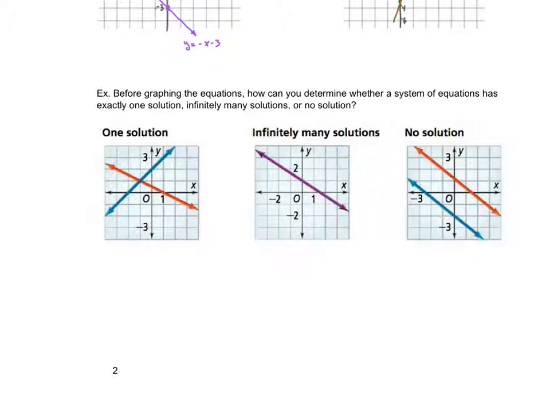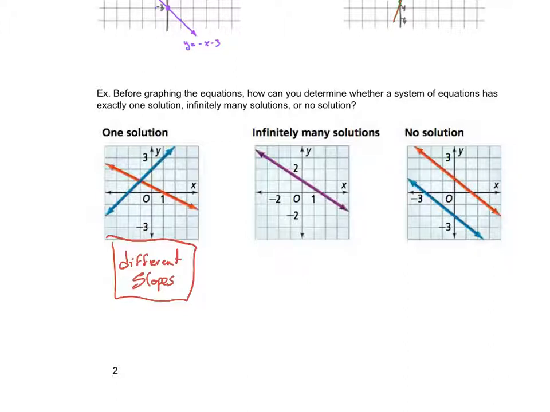If they intersect, it just depends on whether they intersect one time or infinitely many times. For one solution, what do they have? Different slopes. They're going to intersect somewhere if they have different slopes in the equation.